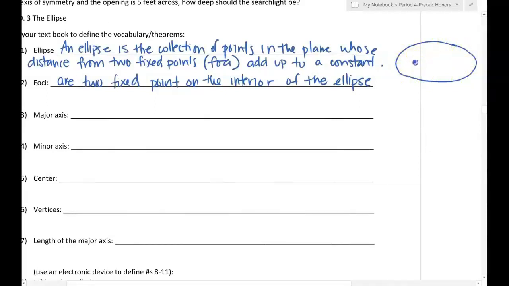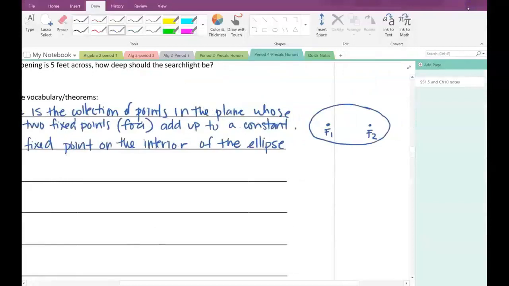So let's call this focus 1 and focus 2. It says here, collection of points. Every single point on the exterior here is a point collected to make an ellipse.